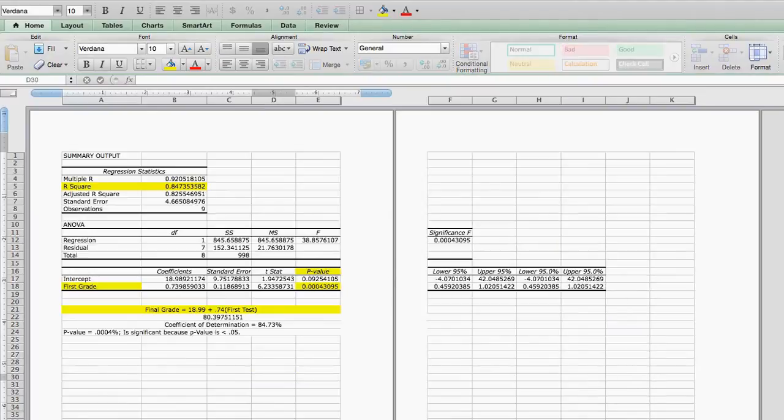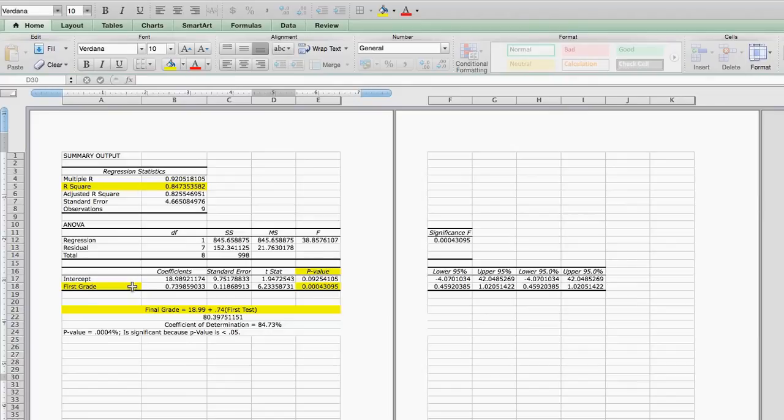So you have the data here, and let me come back in here and show the summary sheet. This is our summary output, and in a summary output in Excel, we have really three areas. We have what's referred to as regression statistics, we have the analysis of variance, and then the third one down here will help us to identify what the equation is, and also I'll go through the p-value.